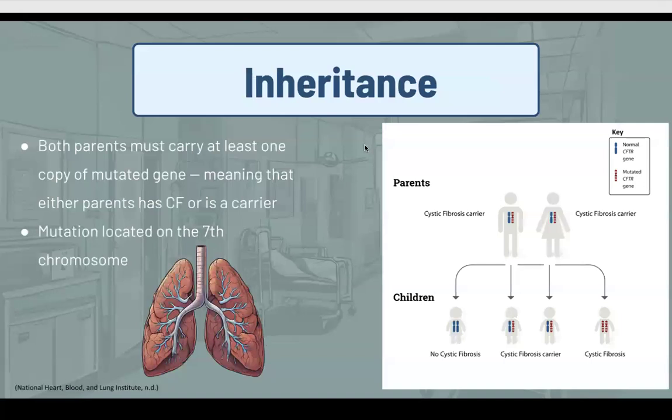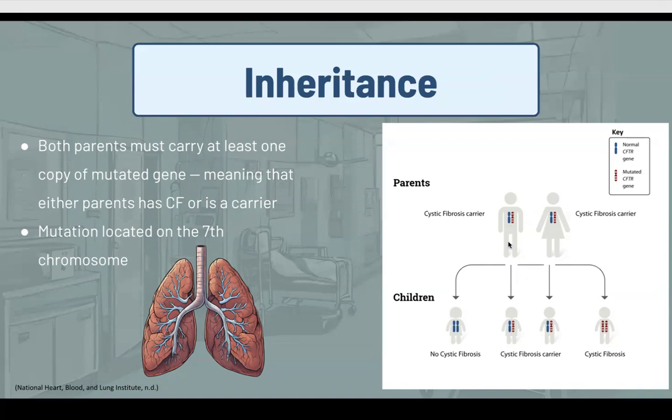Because this is a genetic disorder, we thought it would be pertinent to share how it's inherited. Someone is diagnosed with CF if their parents have at least one copy of the mutated gene. So it means that each parent either has CF themselves or is a carrier. And this mutation is located on the seventh chromosome.